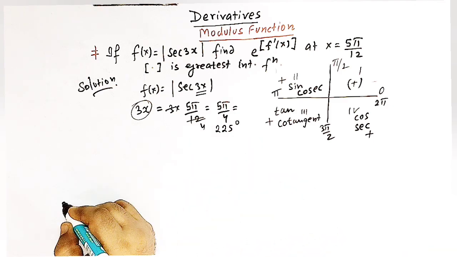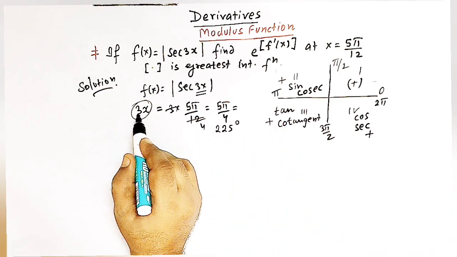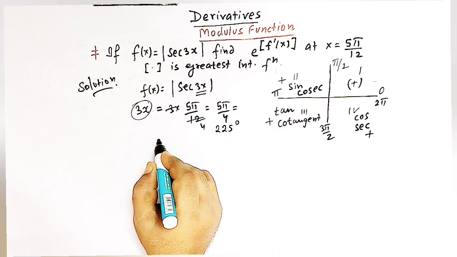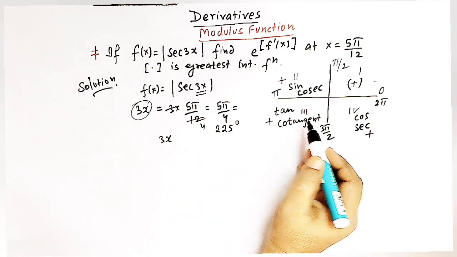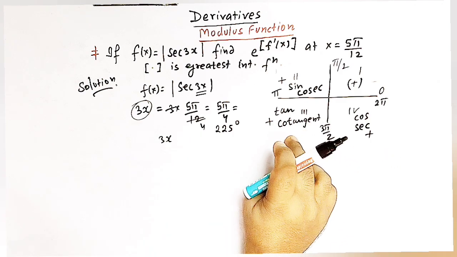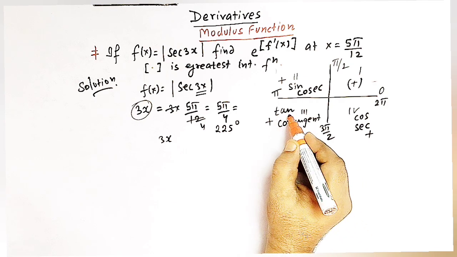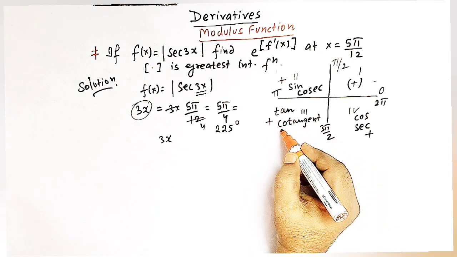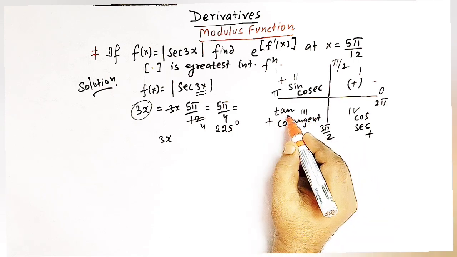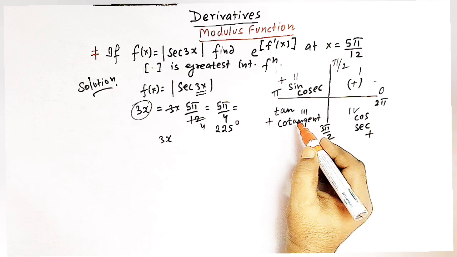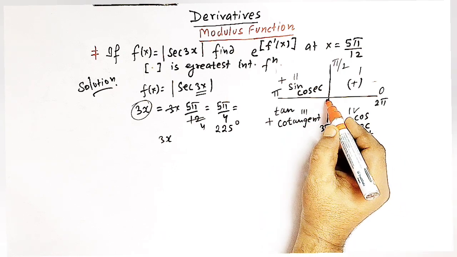225 degrees, right? So we see that this angle, that is 3x, lies in the third quadrant, right? And in the third quadrant the secant function is negative, because the tan function and cot function are positive, and the remaining four trigonometric functions are negative.